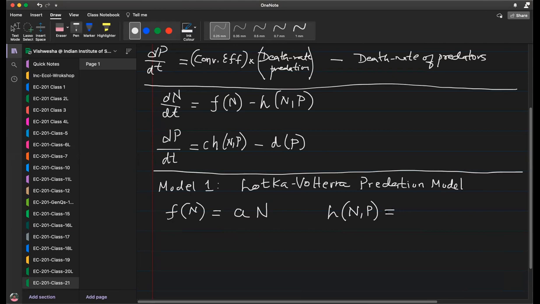What this means is not that the resources are infinite. It just means that predation is the dominant force that will limit the population of prey. Now going to h, the harvesting rate by predators, b times n times p, which is a product of the number of prey and predators.